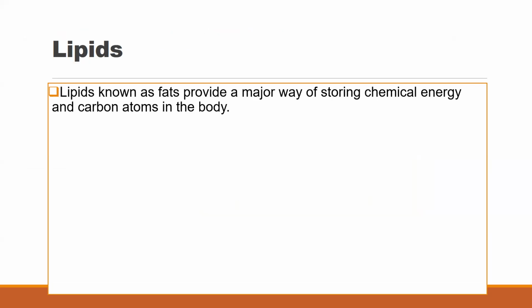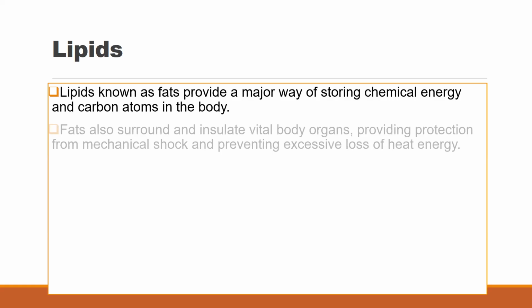It is the energy storage of animals. You have glycogen, for instance, as the main source of our energy storage. But lipids can also provide a way of storing chemical energy in the body. When we reach biochemical synthesis, lipids can also be converted into some form of energy.